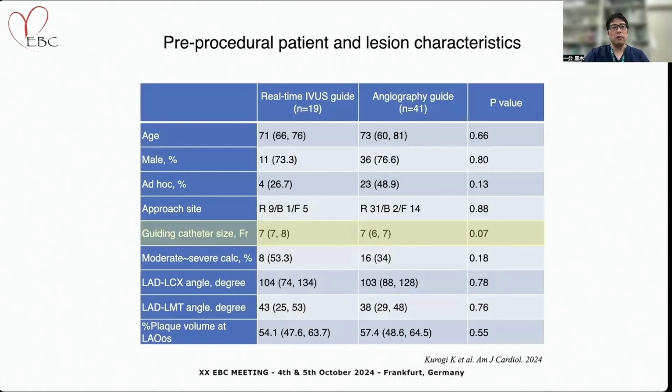And these are the pre-procedural patient and lesion characteristics of the two groups. No significant differences were observed except guiding catheter size. And this is because real-time IVUS guidance needs over a 7 French catheter.